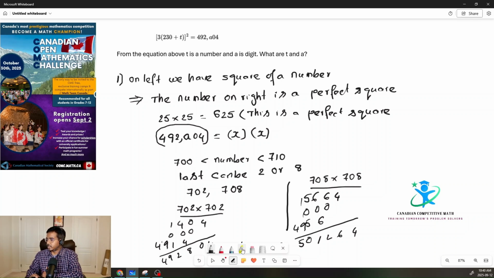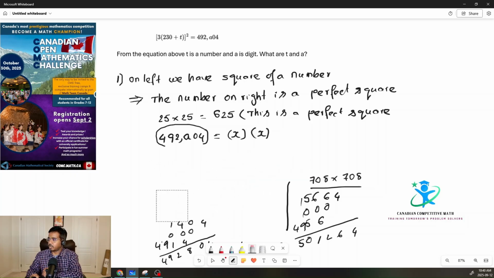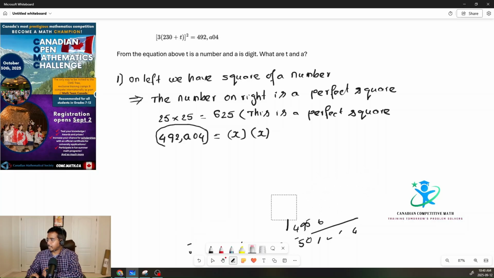So I will erase this to make it more clear. Since this is a perfect square, 492,A04 is a perfect square.